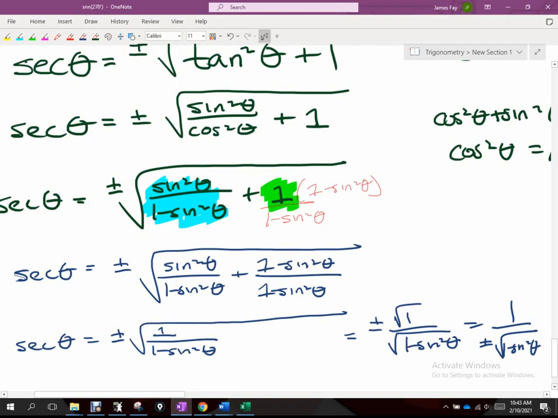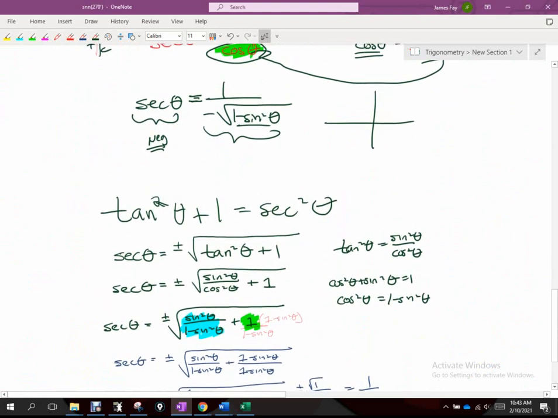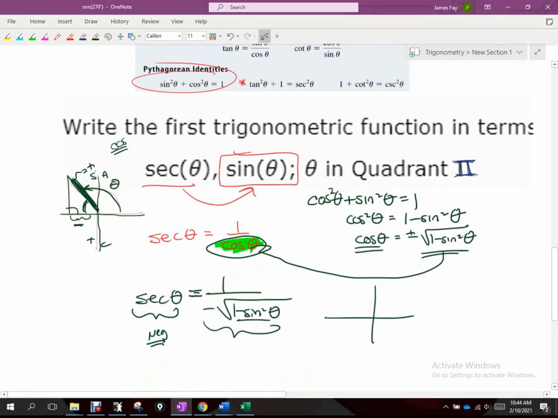But what I'm trying to get at here is that there is not always one pathway that's going to get you to where you need to be. I would argue that there's usually a most efficient pathway, but there will be times where you choose the incorrect one in regards to efficiency, but still get to the right answer.